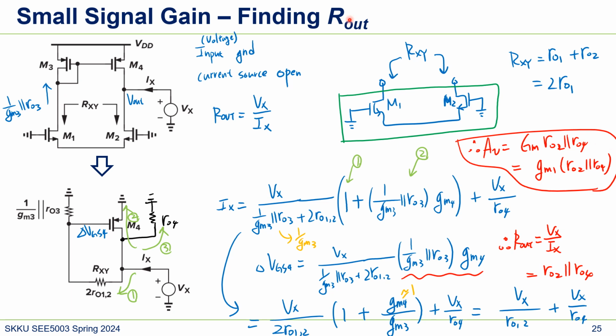And when we calculate the R out, we didn't use the symmetry, so we do a full calculation, but because 1 over GM is smaller than RO3, these things can be negligible, substituted, and then eventually we got the same result. So it means that the symmetric assumption is kind of okay. So this is our final answer.